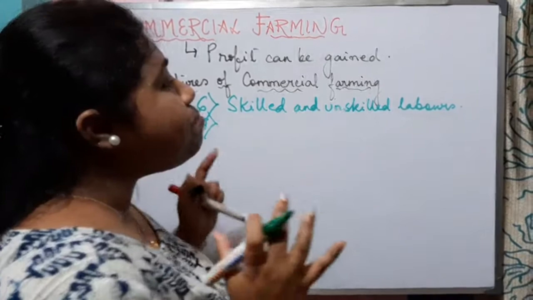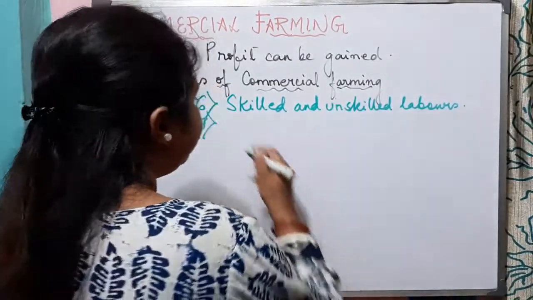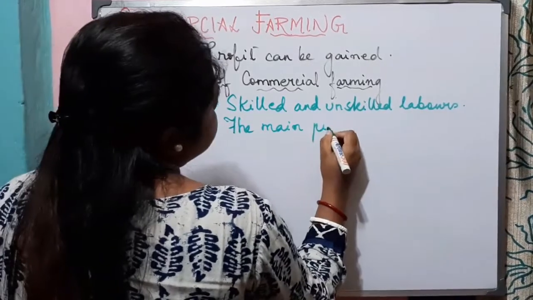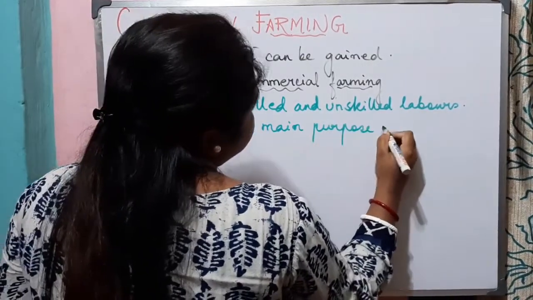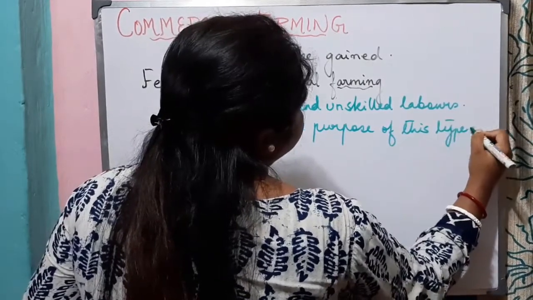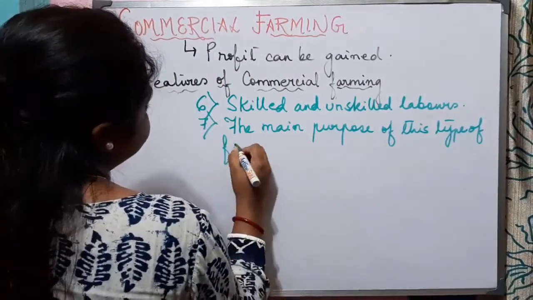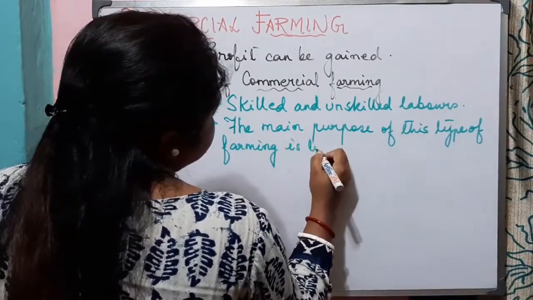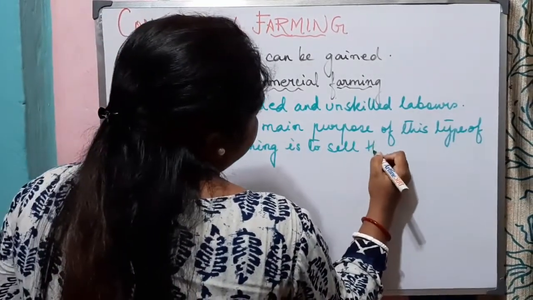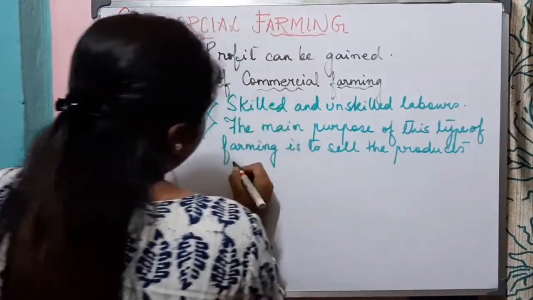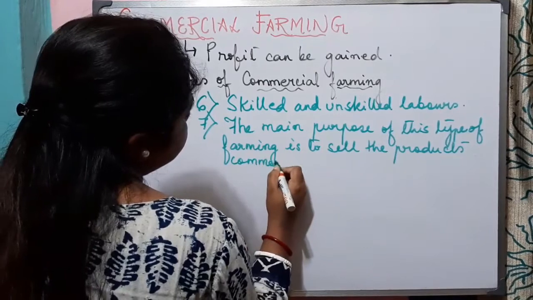Here, what is the main aim of this farming? The main purpose of this type of farming is to sell the products commercially.